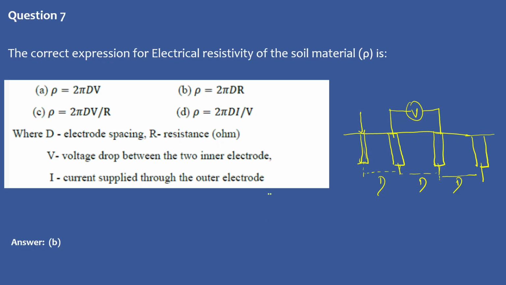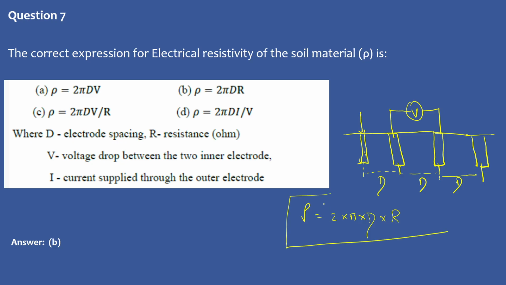So the resistivity of the soil is calculated as 2 times pi, which is the resistivity formula you have learnt in basic electrical engineering. So it's 2 pi, and then we take into account the distance between the electrodes, which is d, and r is the resistance of the soil.